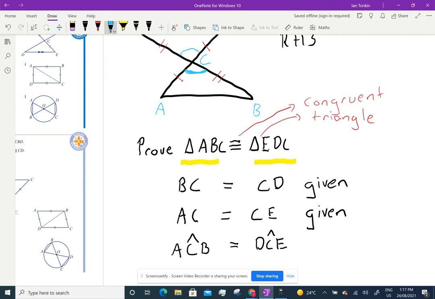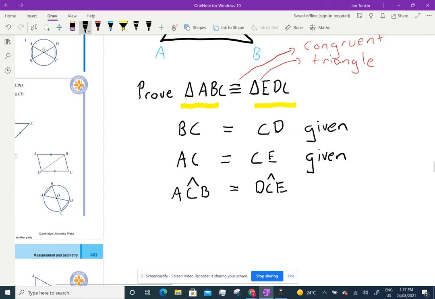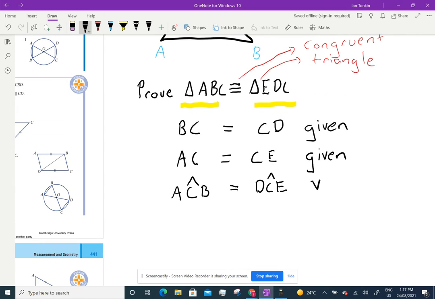This angle. And how do we know that? Well, this time we actually have to state a rule, because vertically opposite angles are equal.